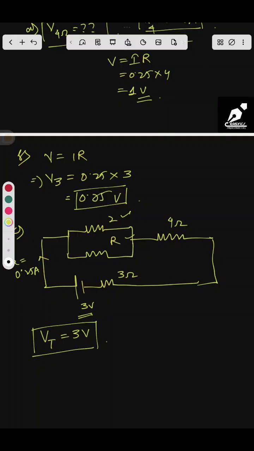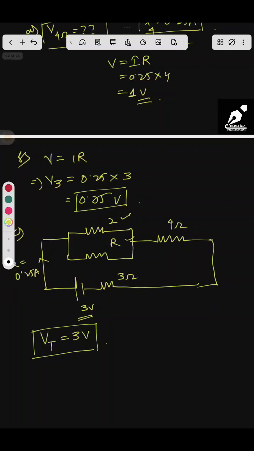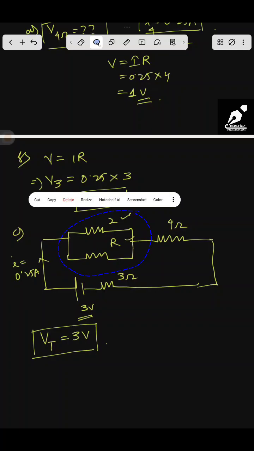Tell me one thing. Out of this 3 volt, this part will consume some of the potential.